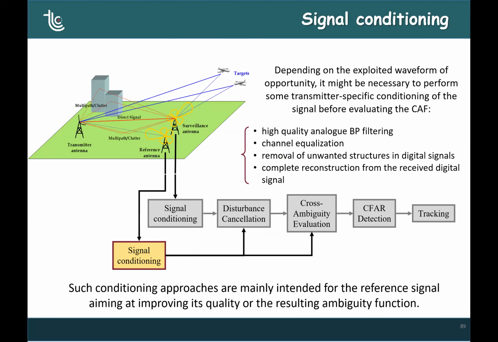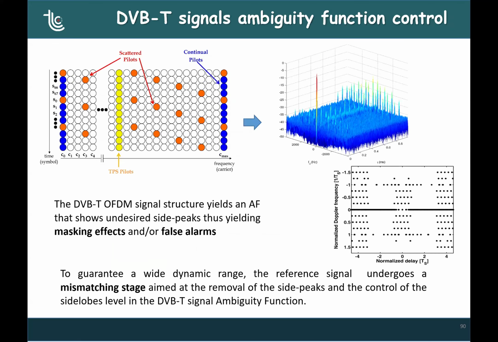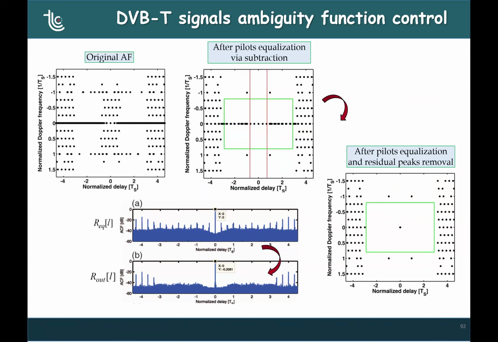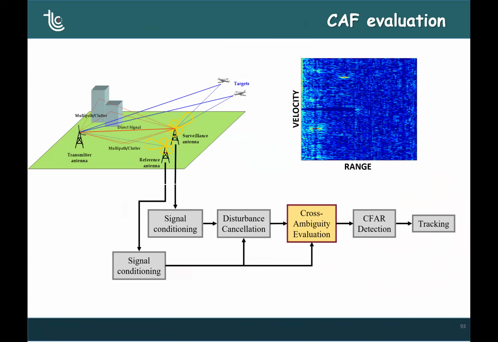Then we looked at the signal conditioning, frankly, with few details, only some figures to show that in some cases we need to process the signal before using it in the ambiguity function and in the detection algorithm. And some steps of this conditioning can be computationally intensive, but they are effective.